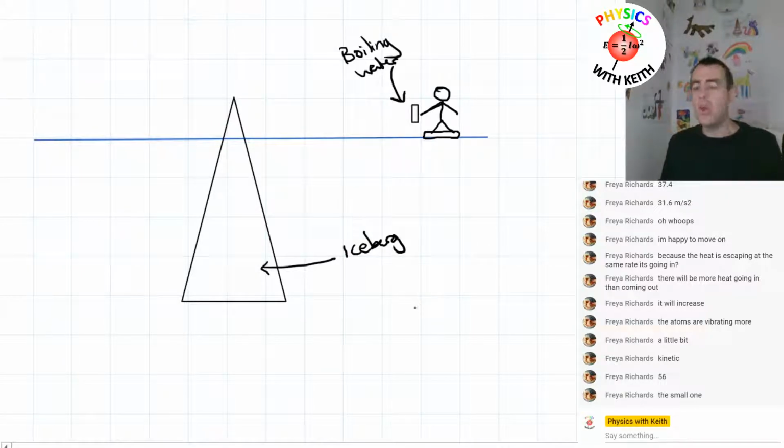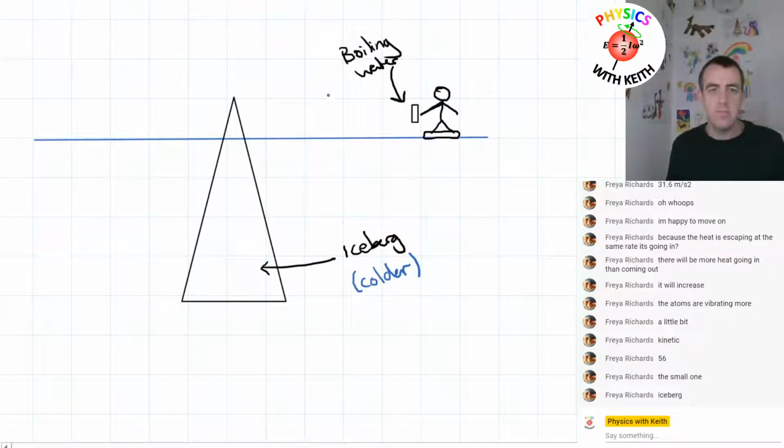Which one is colder? Simple question to start with, and I think you'll definitely know the answer. Yep, the iceberg's definitely colder, which means that its temperature is lower. So when we say hot or cold, we mean higher or lower temperature.